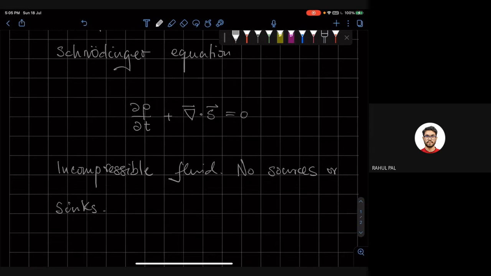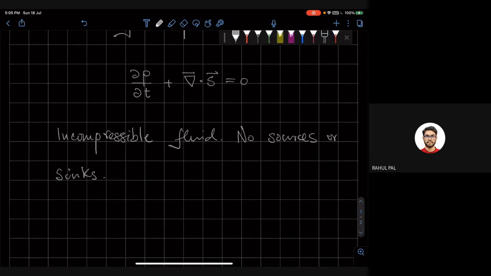Examples: you can think of water, which, at constant pressure and temperature, is a pretty good example of an incompressible fluid. Then you can have, say, number of particles which are conserved. That also satisfies this.